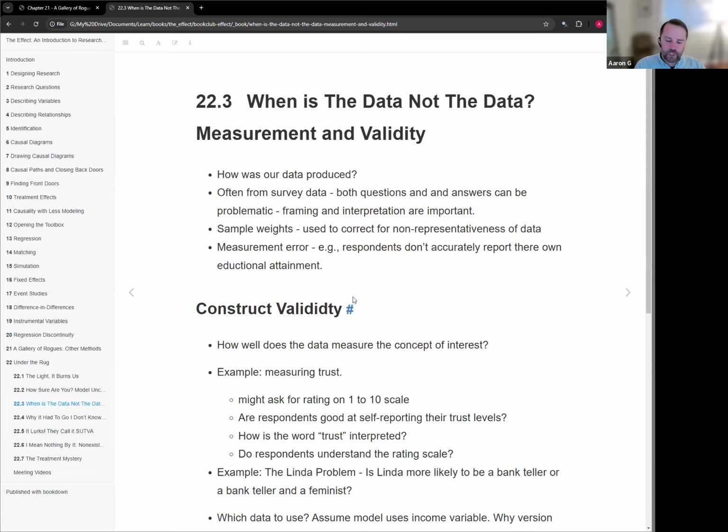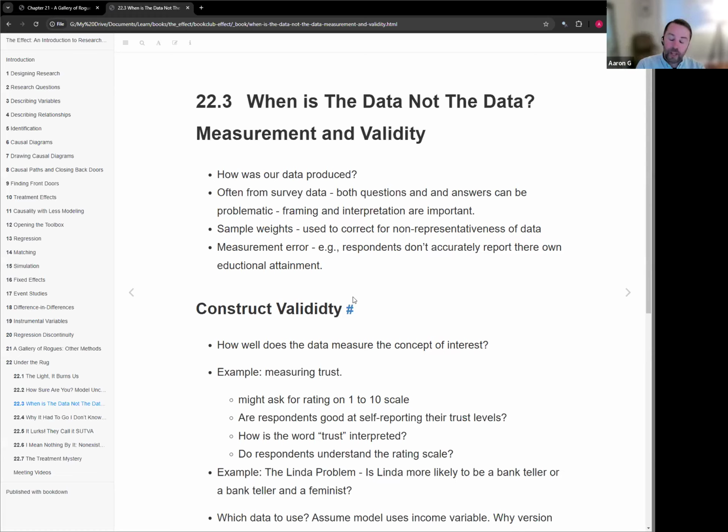Another issue is that most surveys don't look at a representative sample of the population that you're interested in. So if a survey is designed well, it will come with survey weights that you can apply to the actual data so that you get something that is approaching the population of interest.